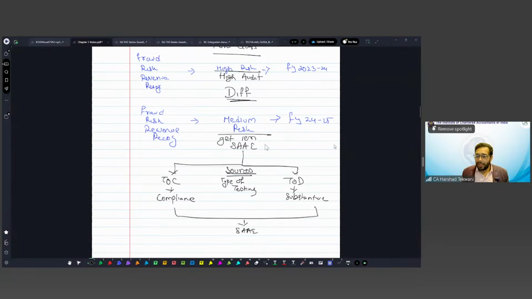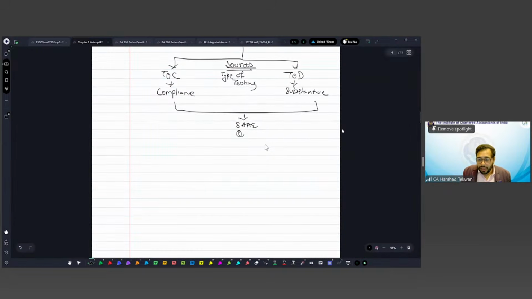And the quantum of evidence will depend upon the risk, so this quantity will be directly linked or proportionate to the audit risk classification.